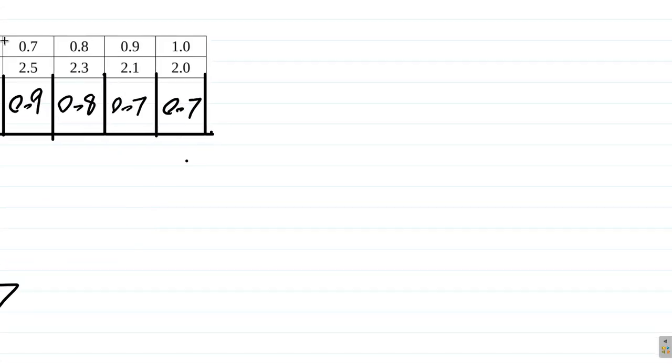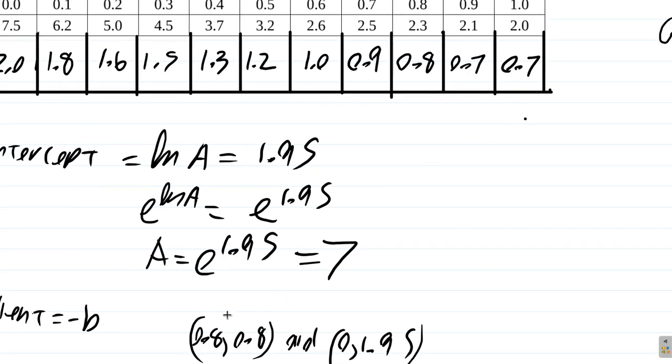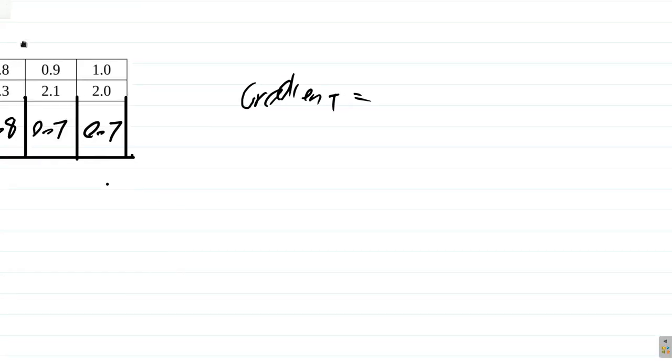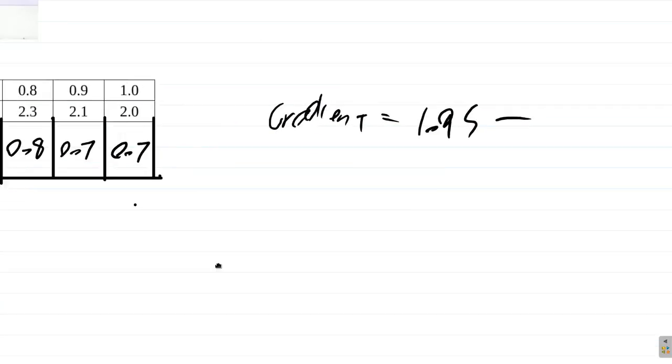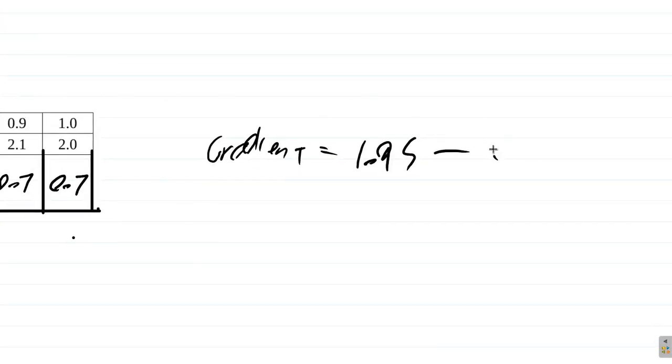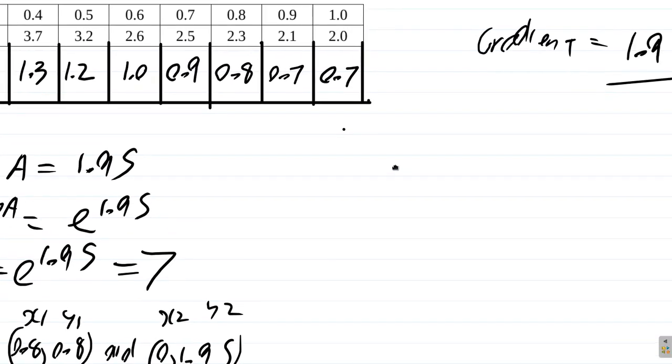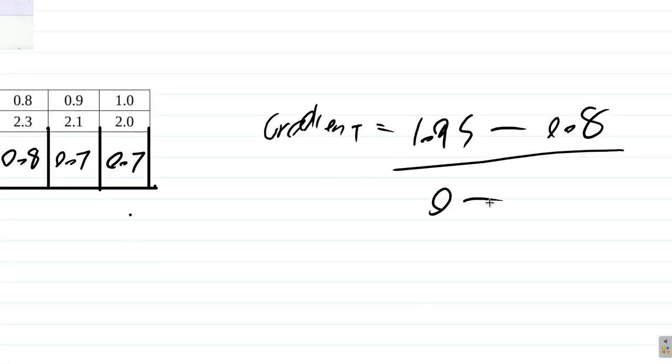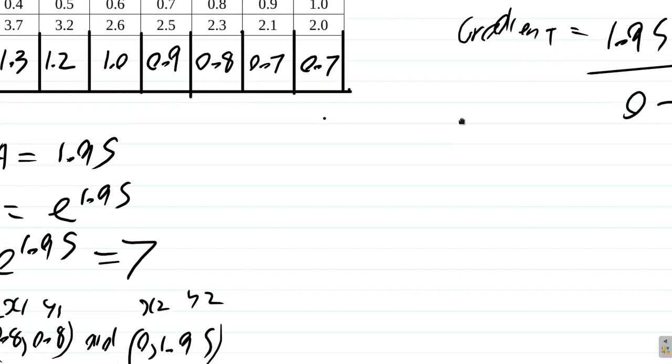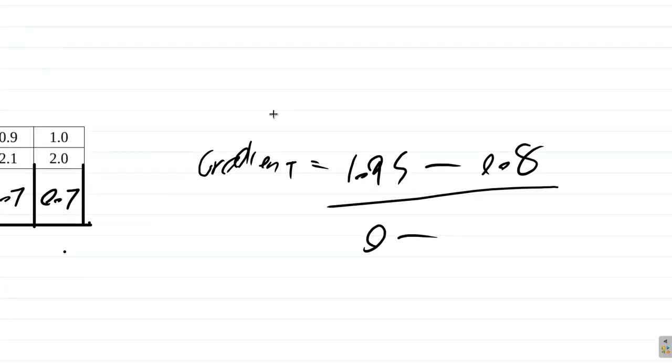So gradient is equal to, let's say this is x1, y1, x2, y2, y2 which is 1.95 minus y1 which is 0.8, over x2 which is 0 minus x1 which is 0.8.